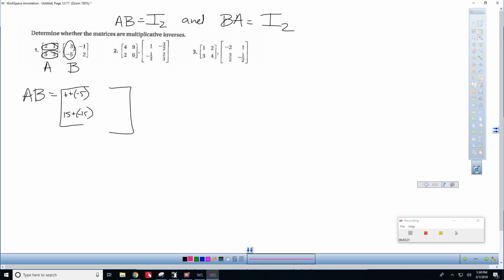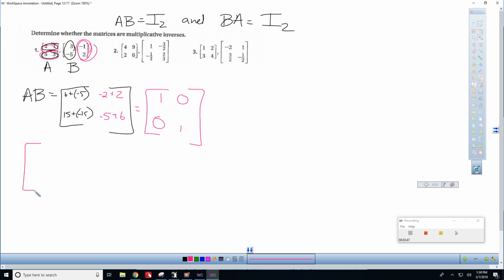And now let's go this times that. 2 times 1 is negative 2. 1 times 2 is 2. And then this times that. 5 times negative 1 is negative 5. Plus 6. What do you get for that? 1, 0, 0, 1. I wish we could say that it is, but we also have to do BA.